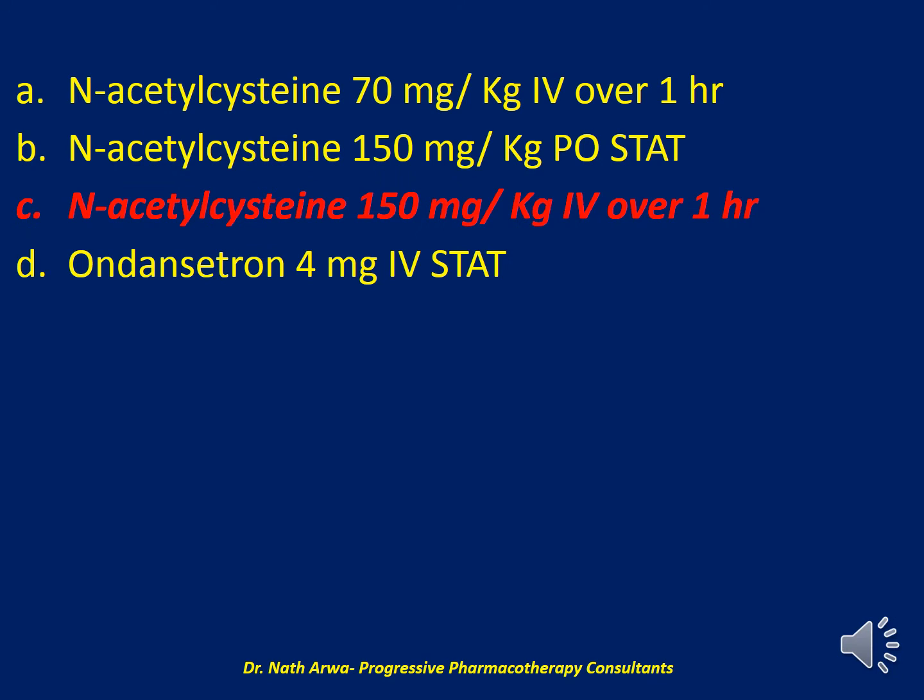I would infuse N-acetylcysteine at a dose of 150 milligrams per kilo over 60 minutes in dextrose 5%. Now, for repeated supratherapeutic ingestion of acetaminophen, which is indirectly chronic toxicity, the Rumack-Matthew nomogram isn't very useful in determining antidotal therapy.